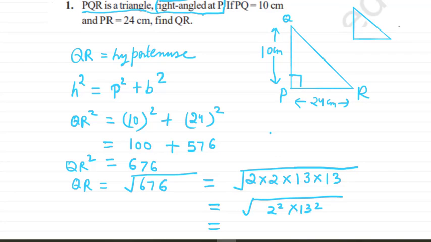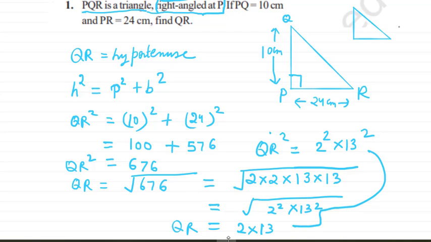With the square, the square root will cancel, so you will get only 2 and 13. So your QR will be 2 into 13. You can also write it as QR square equals 2 square into 13 square, and after that you can move to this last step. As QR square is equal to this, you can remove the power. So you will get QR equals 2 into 13, that is 26 centimeters.